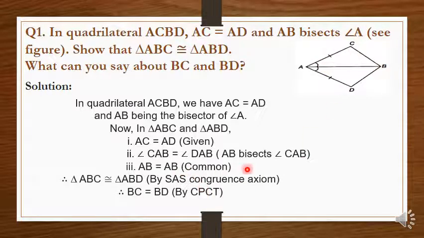That means AB is an equal side. So we can see that we have talked about a side, then an angle, and then a side. Side, angle, side. Again for this one, side, angle, side. So by SAS congruence rule, we can say that triangle ABC is congruent to triangle ABD.